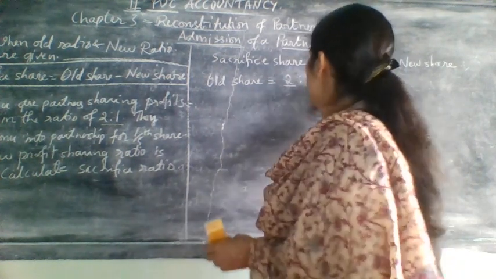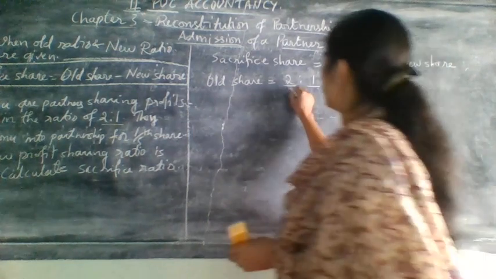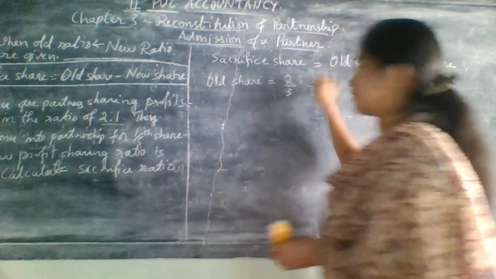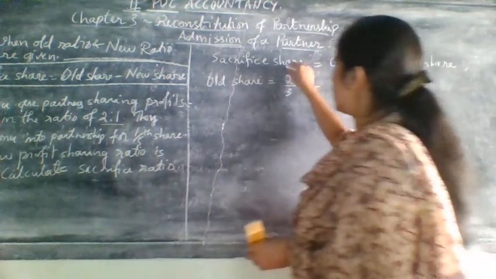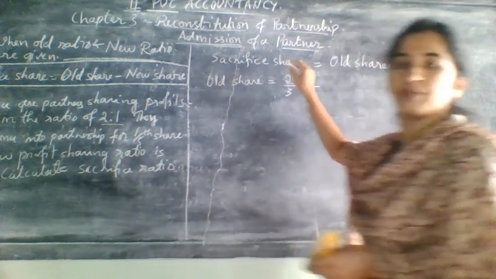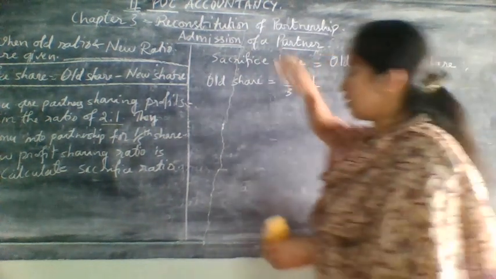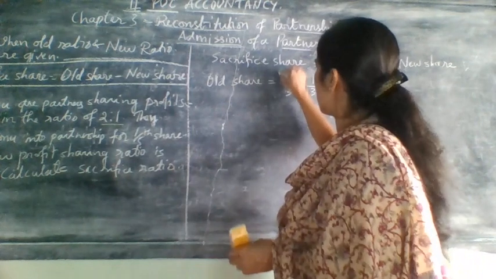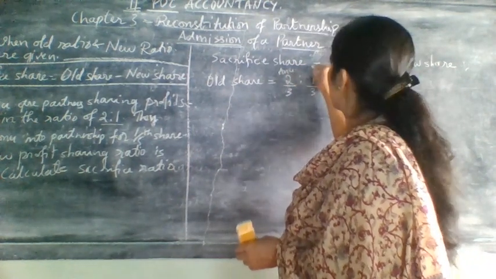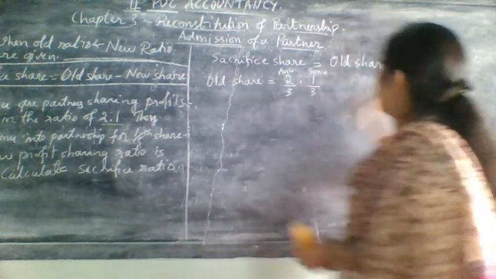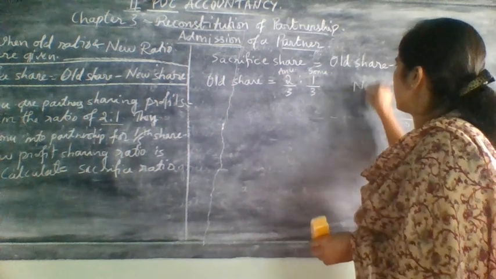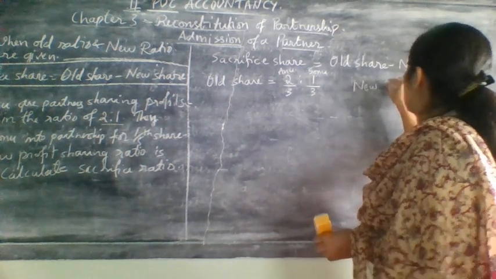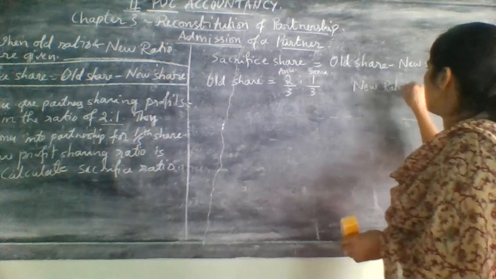We will convert this into proportion. How much will it come? 2 plus 1, 3 and 3. And here you need to write their names, Anu and Sonu. Now next step, write their new ratio.